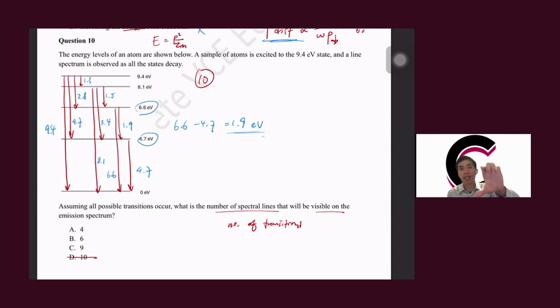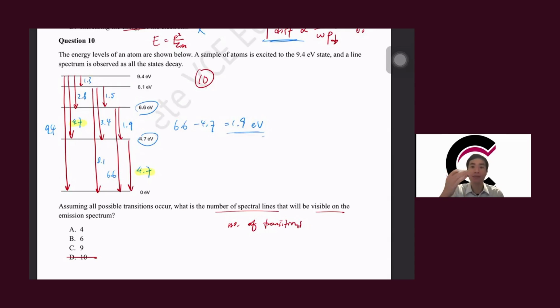And the difference is the energy of the emitted photon. Now you realize, Eric, there's actually two values that share the same exact value, right? That's 4.7. That appeared twice. All right. So even though we got 10 transitions in total, there's 2 of them resulting in the same difference in energy, right?